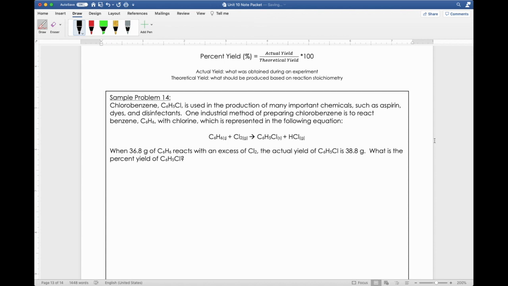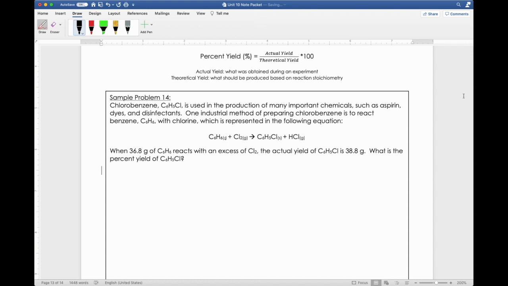All right, so the last sample problem of this unit, and I'm gonna leave the equation up here just so we can keep an eye on that as we do this problem. Chlorobenzene is used in the production of many important chemicals such as aspirin, dyes, and disinfectants. One industrial method of preparing chlorobenzene is to react benzene with chlorine, which is represented in the following equation.